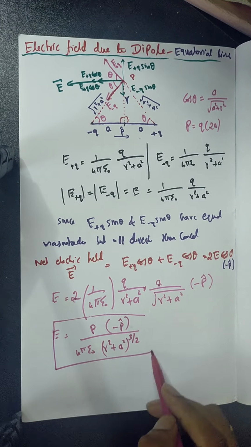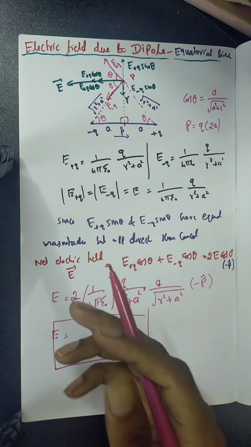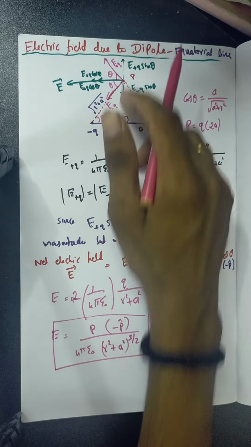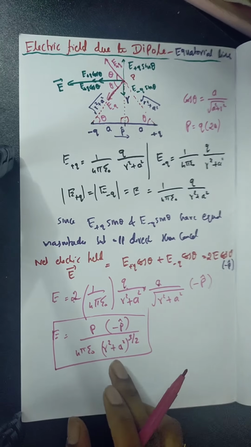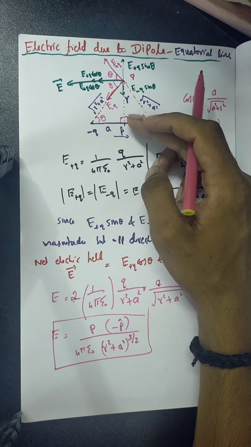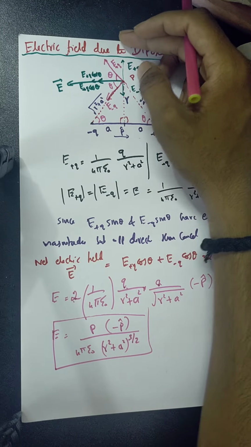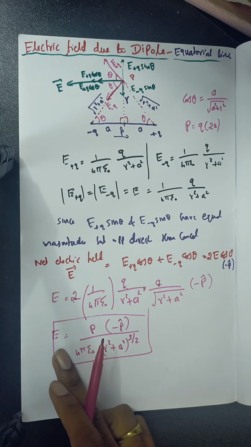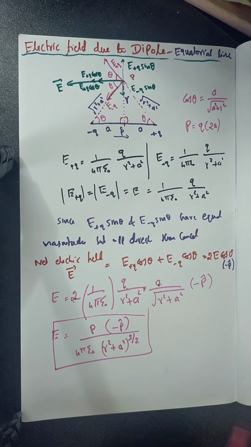So this is an expression for the electric field due to a dipole along the equatorial line at a certain point P at a distance r. And this means that if you take the point away from the dipole center, if you increase the distance r, definitely the electric field will decrease because it is inversely proportional.